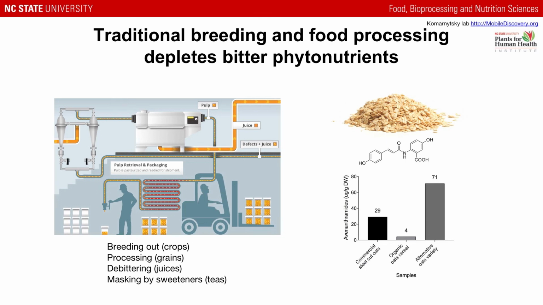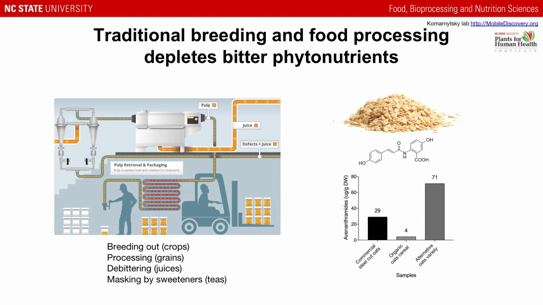And then the difference will be even higher because the high avenanthramide varieties have about 150 micrograms per gram, right? These are established cultivars. They are available. You can go to the USDA's database and get the seeds. So nobody prevents you from growing it, but obviously they taste bitter, so nobody really wants to put them into the food processing and into the final food products.